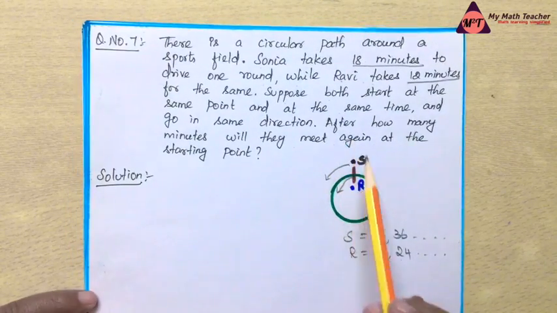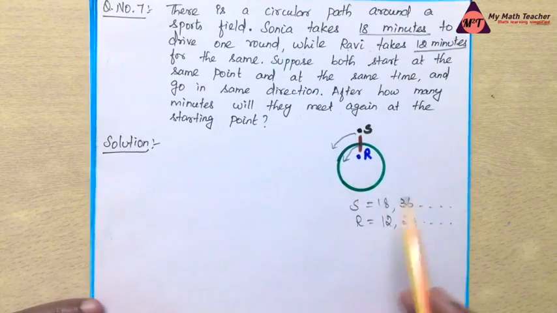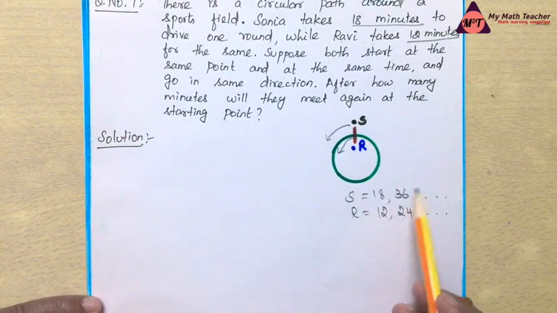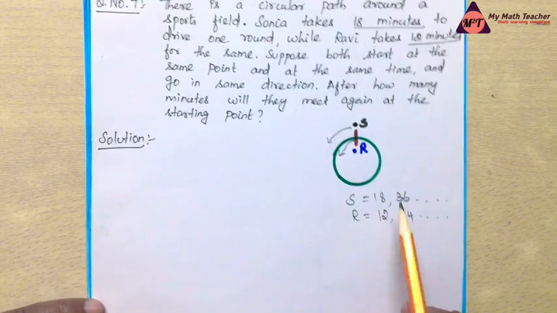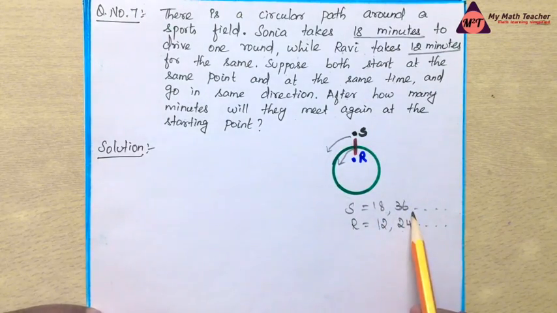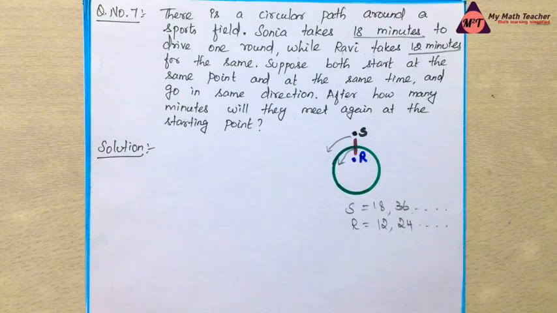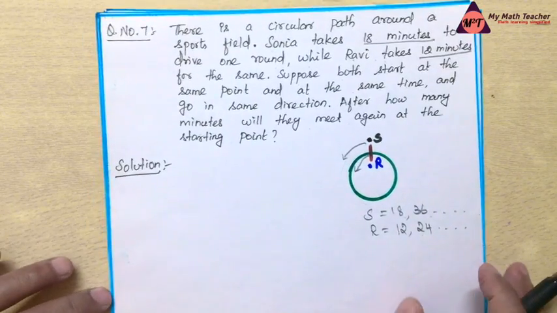Now the question is, after how many minutes will they meet at the starting point. As we can see, it's multiples of this number and multiples of this number. Here it's very clear that we need to find the least common multiple to find the meeting time. Now let us start. Sonia takes 18 minutes to complete a round.